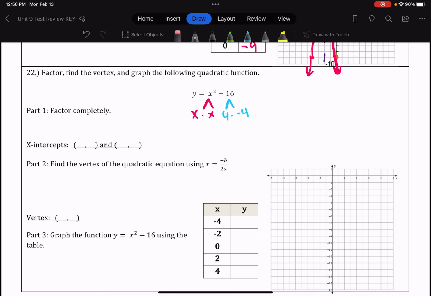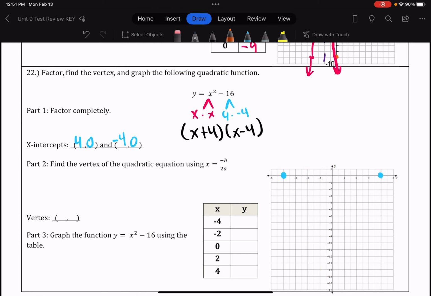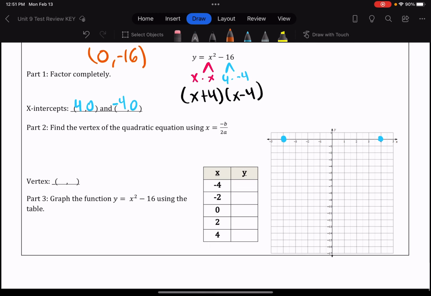So my factored form here is x plus 4 and x minus 4, leaving me x-intercepts at positive 4, 0 and negative 4, 0. So I know I've got one at negative 4 and at positive 4. I also know that I have a y-intercept at 0, negative 16. So here's my y-intercept.